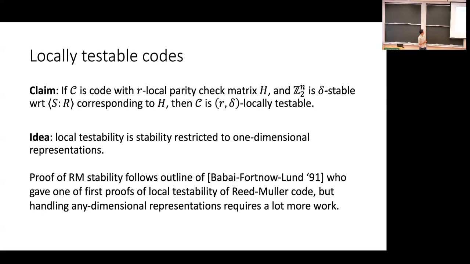The way we proved our result, we followed basically one of the first proofs of stability of the Reed-Muller code, by Babai, Fortnow, Lund. It's their proof approach, but there's a lot more work involved to get it to work in arbitrary dimensions. And the fact that things don't commute exactly gives you a lot of trouble. But yeah, that's what the proof kind of looks like.